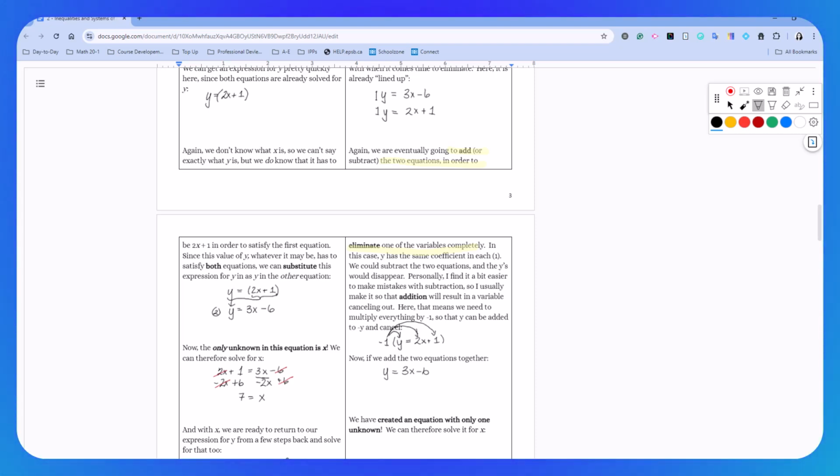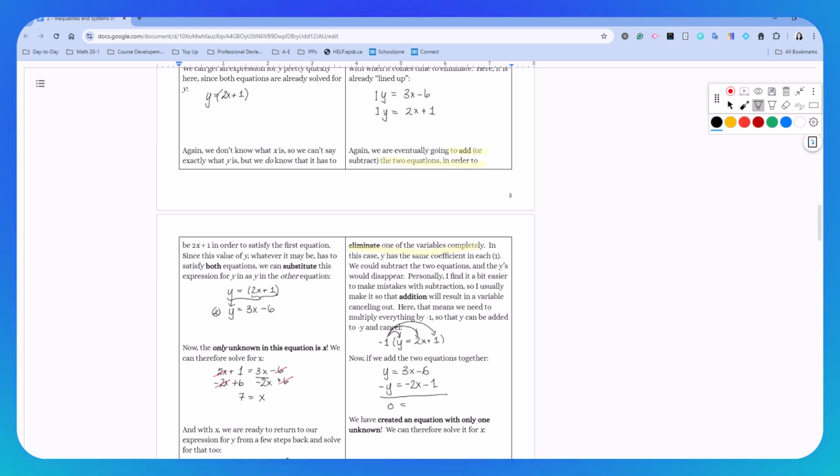And then we're going to write down the equation where we're distributing the y through all the terms. So this is going to give us negative y equals negative 2x minus 1. Now we're going to add these two together. So y plus a negative y, that's a big old 0.